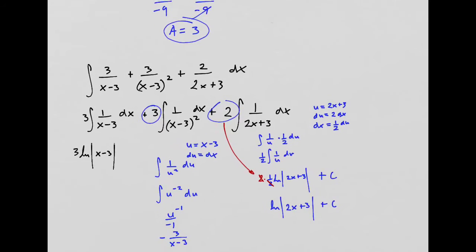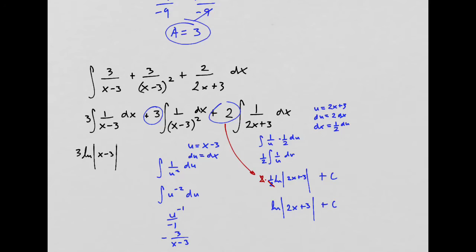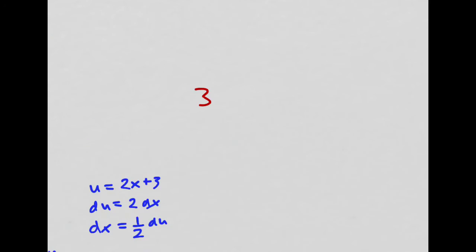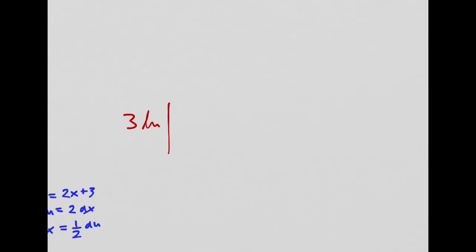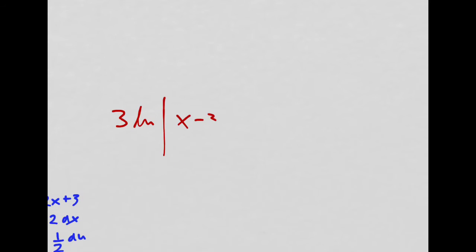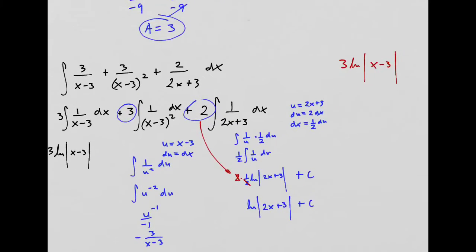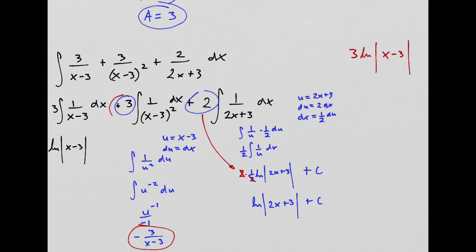And now I'm going to put it all together over here. And so I get 3 ln of the absolute value of x minus 3. Sweet. And I put the 3 back in.